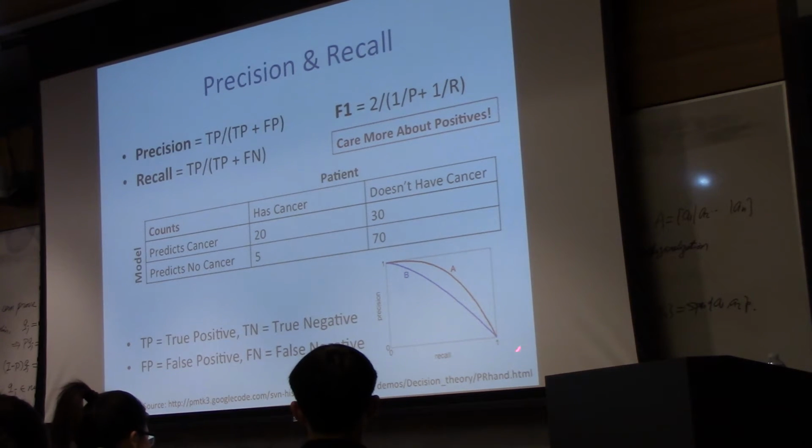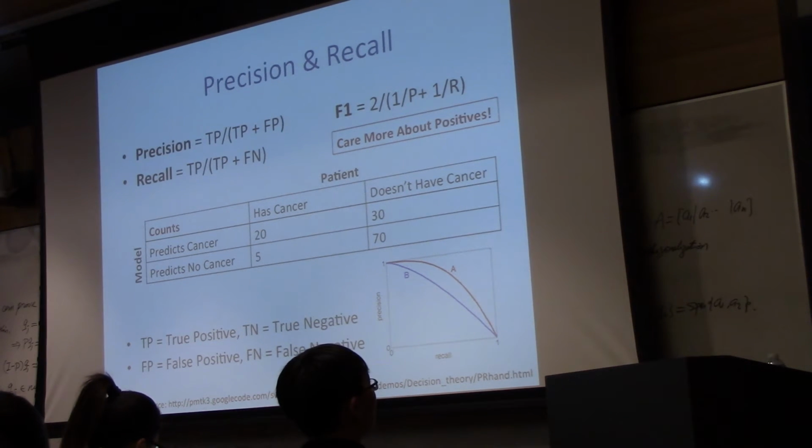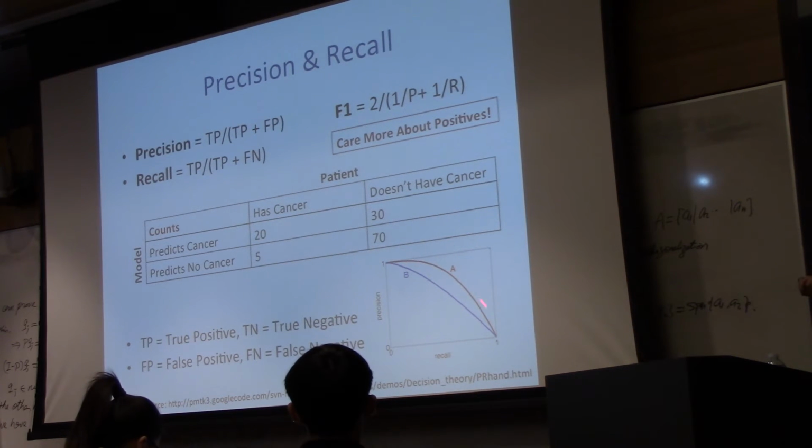In the degenerate case where I just predict everyone has cancer, I have 100% recall, de facto, because anyone who possibly had cancer has cancer. The precision is as low as possible, right? So usually you have this trade-off curve that looks like this, and a model whose precision recall trade-off curve is closer to the top right corner is better.